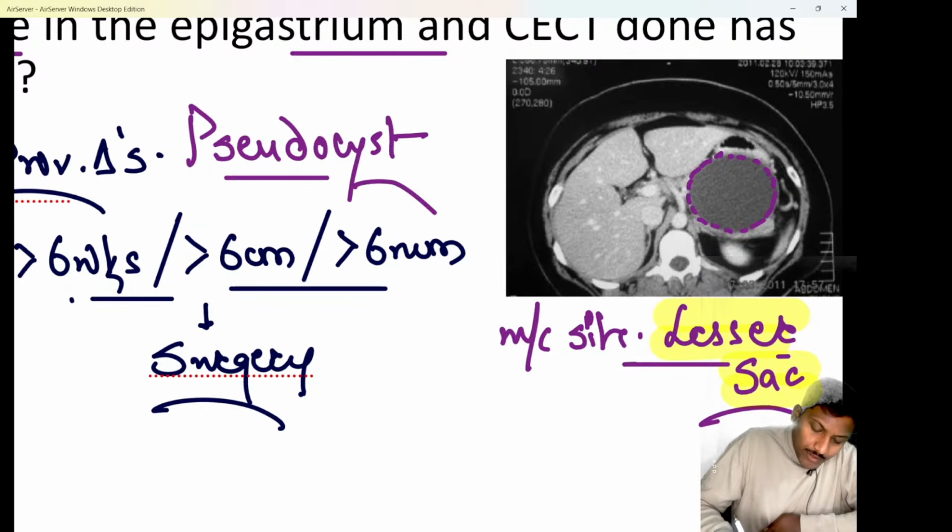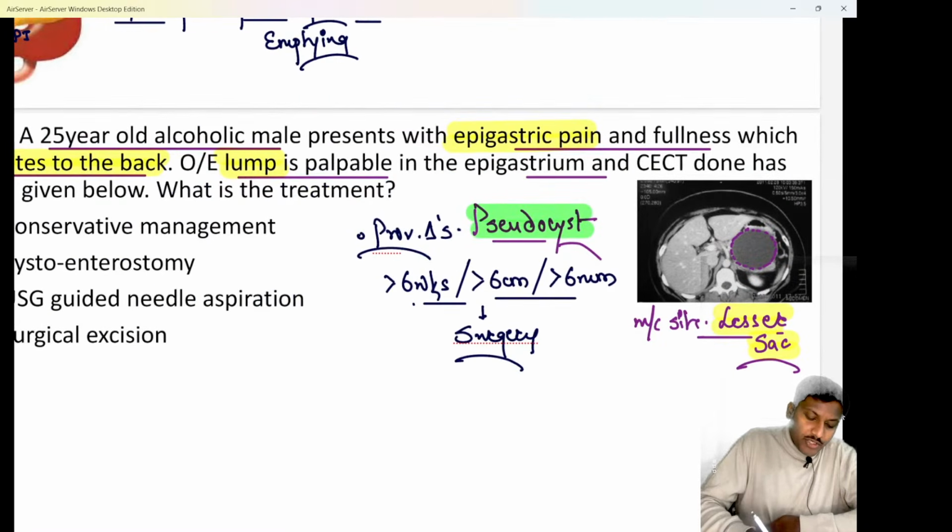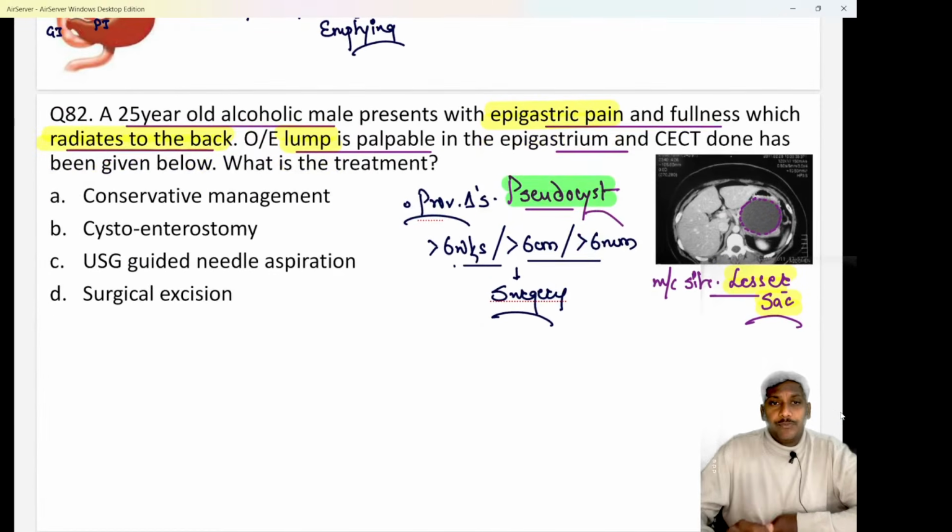And do remember, the majority of pancreatic pseudocysts are smaller in size and spontaneously resolve on their own. But there are few pseudocysts which do not resolve timely, and they may keep on growing in size, and for them we need to go for treatment.